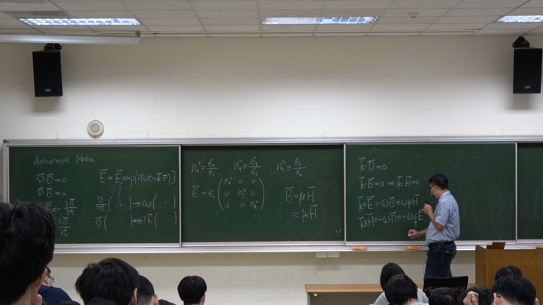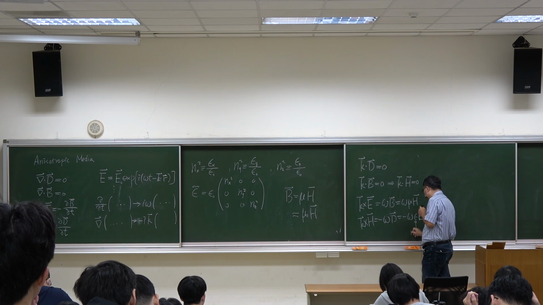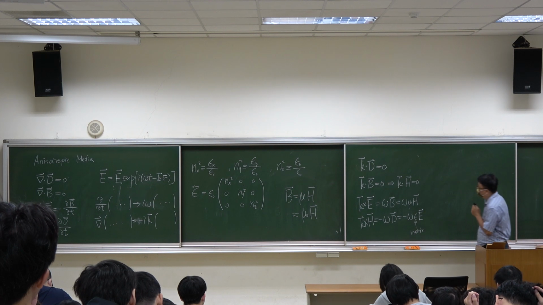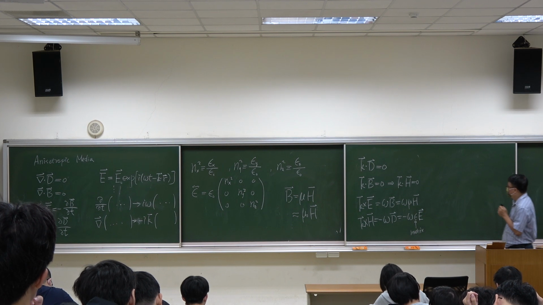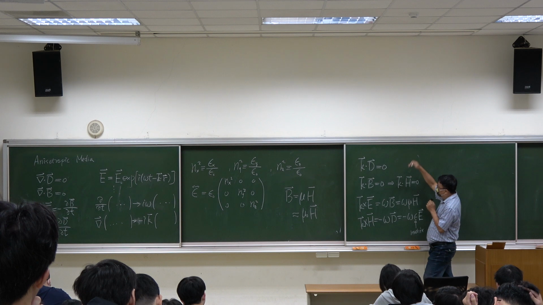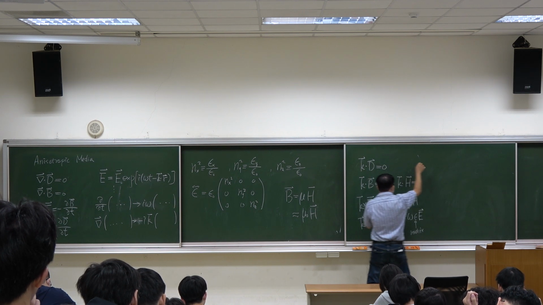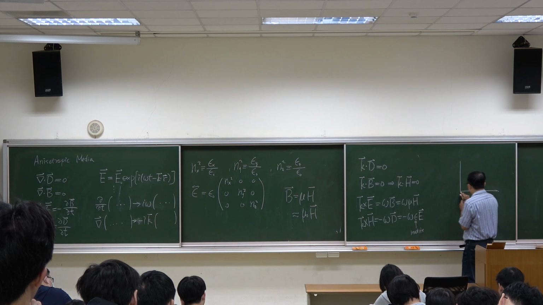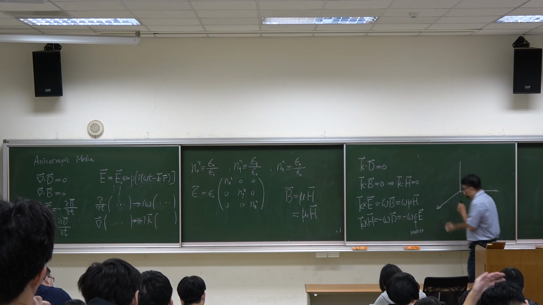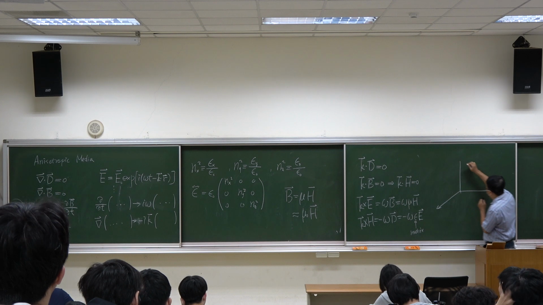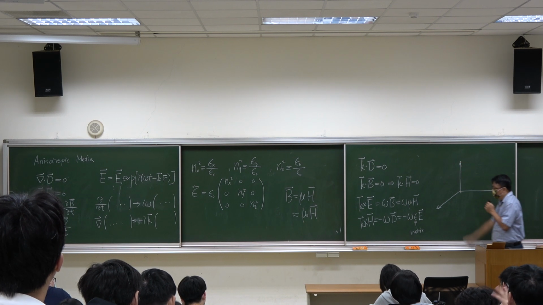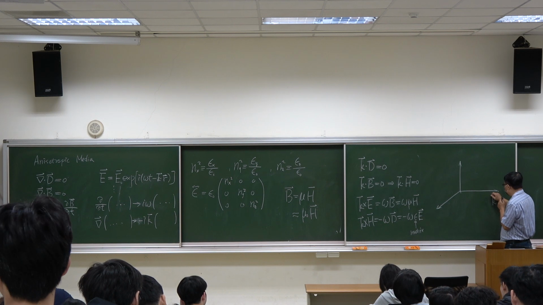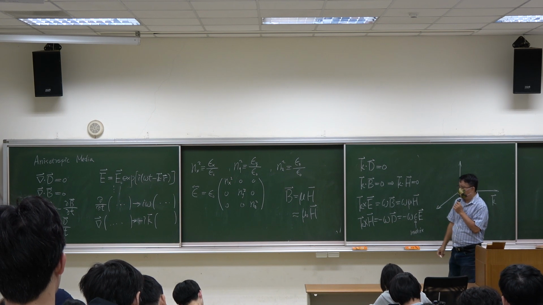And notice that here, this is the tensor or matrix. So according to this result, when we consider the EM wave propagating inside the crystal, suppose this direction is the direction of the wave vector.